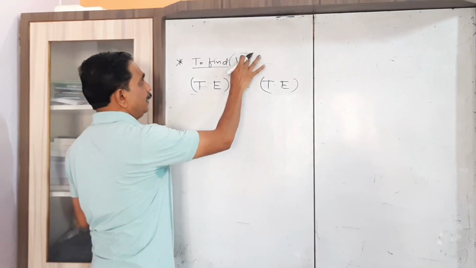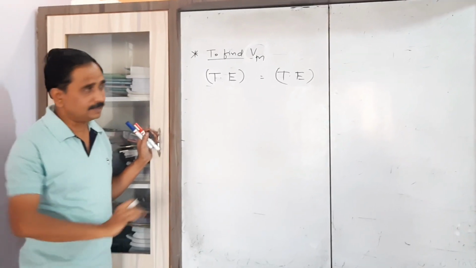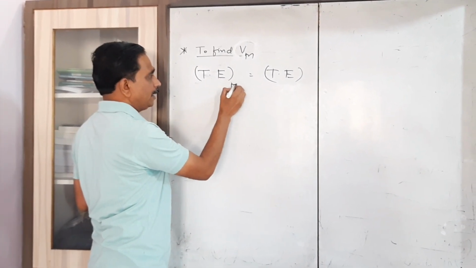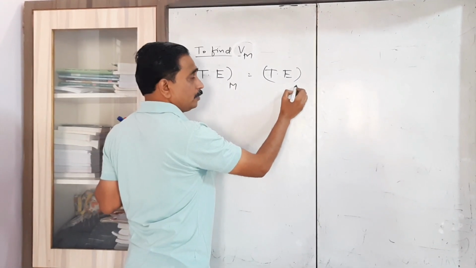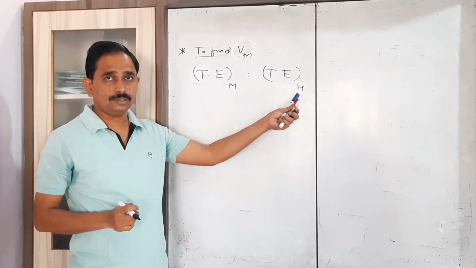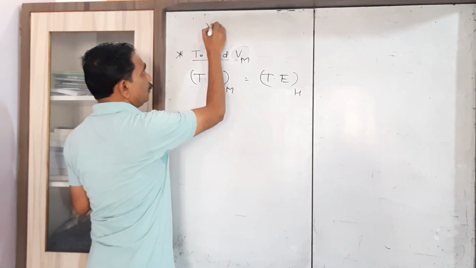Now in order to find the velocity at the middle position, again consider the same concept, that is total energy at the middle position equal to total energy at another position. You can use either the lowest position or the highest position, because now we have two known values.